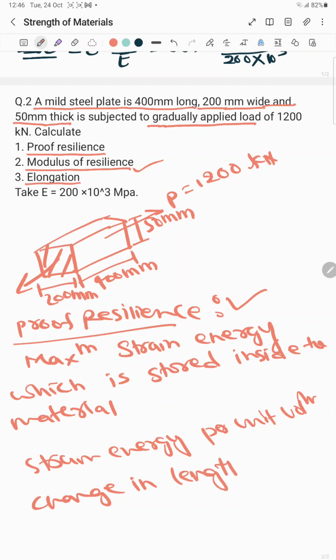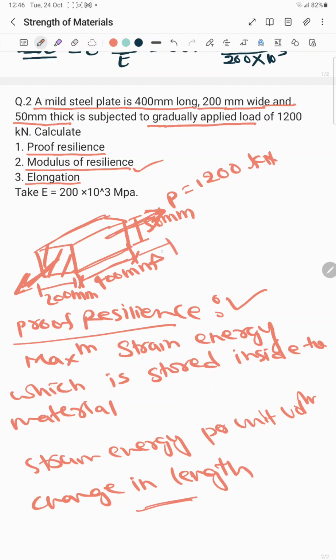When we apply a load on this bar, due to this load the bar will get elongated. Before, the length of the bar was 400. When we pull this bar, obviously the length will increase due to the applied load.